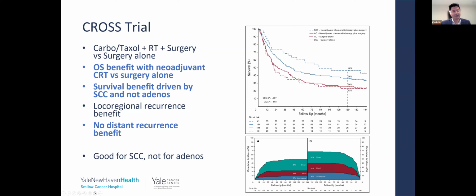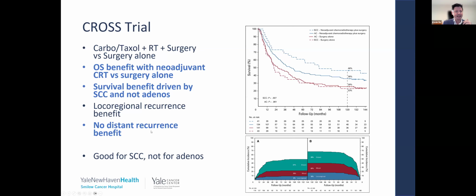When you break out squamous cell cancers and adenocarcinomas, it became very clear that the survival benefit of the CROSS trial was driven by the squamous cell cancer subset and not as much by the adenocarcinomas. Interestingly, carboplatin-paclitaxel did not seem to affect distant recurrence rates.